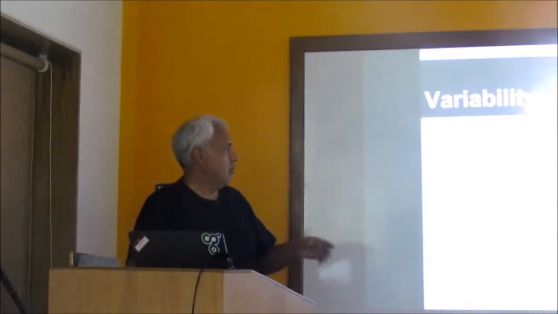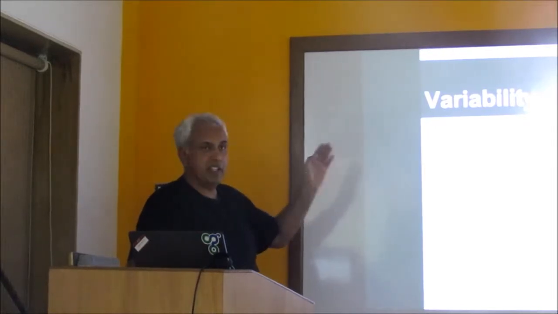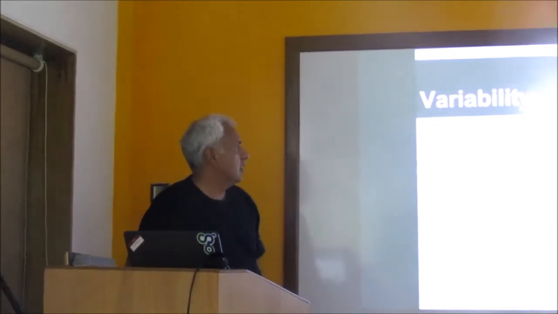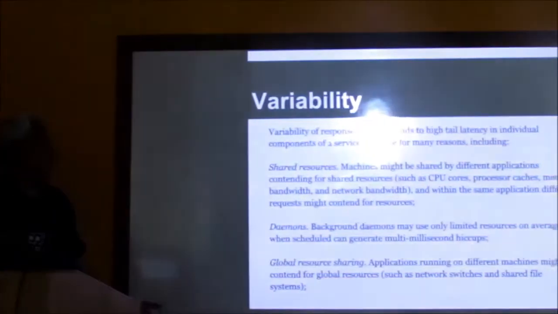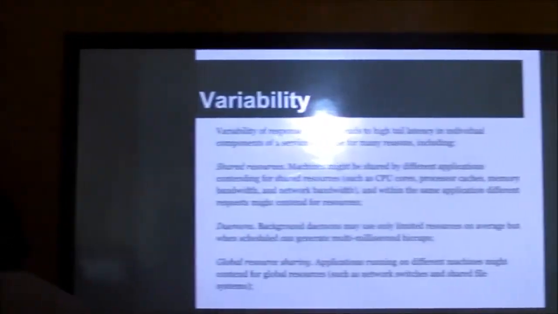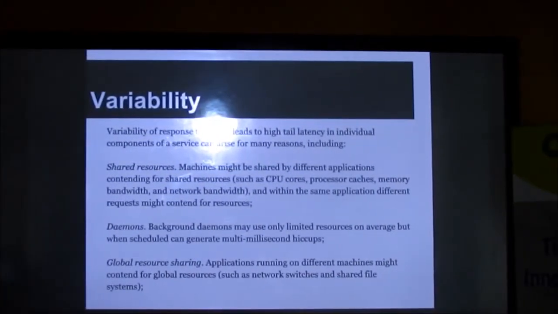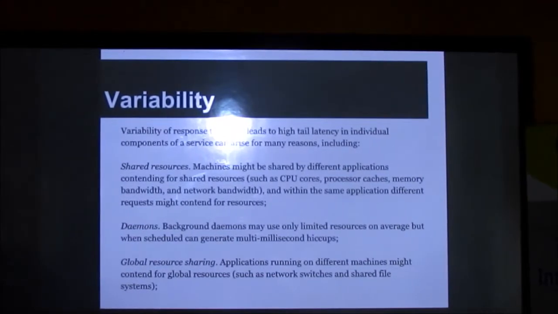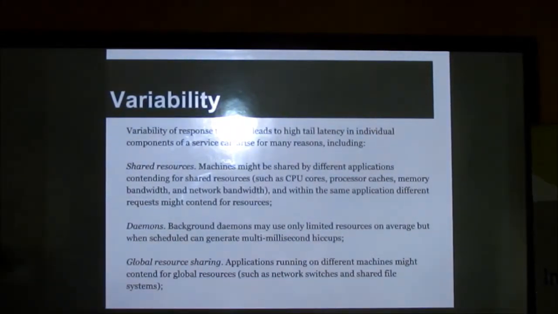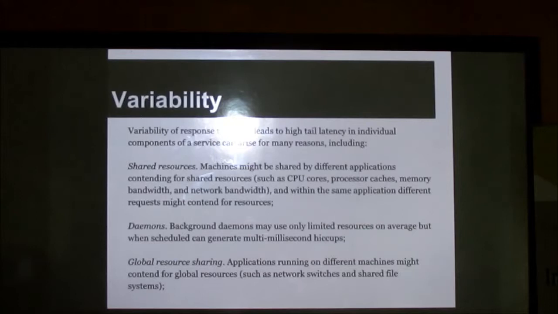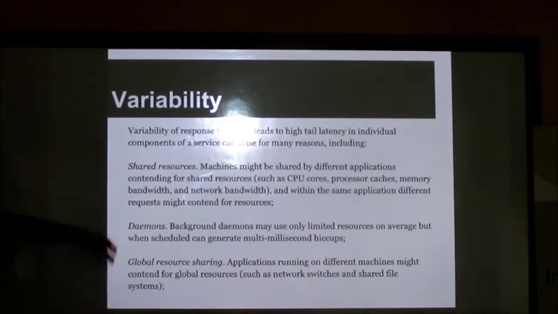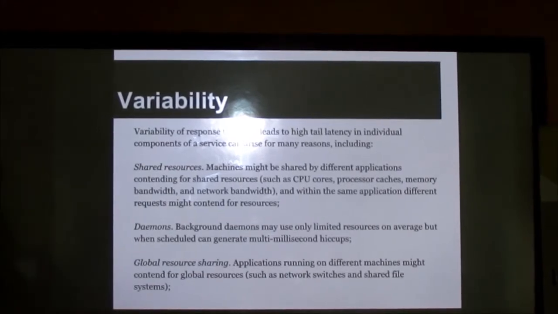Right. So where does all this variability come from that leads to this tail behavior? Shared resources. Machines might be shared by different applications contending for shared resources. And there are different things running on different machines, so they're all in different states. Background daemons may use only limited resources. So there are global resources, like at the network level and at the machine level.